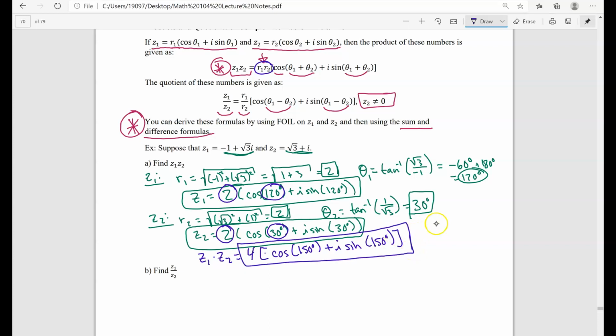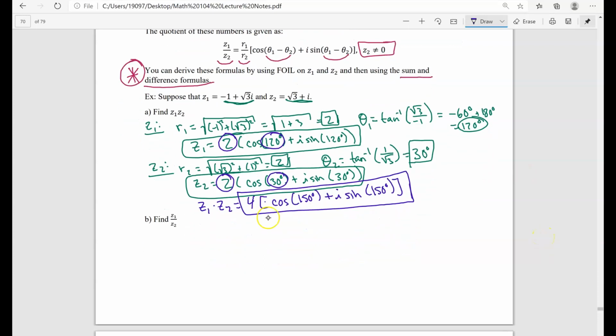If I were to FOIL these two together, this is what I'm going to get. If you really wanted to go back to complex numbers, all you have to do is plug that into the calculator or look at the unit circle. What is the cosine of 150 degrees?